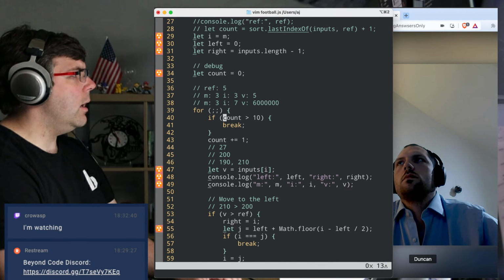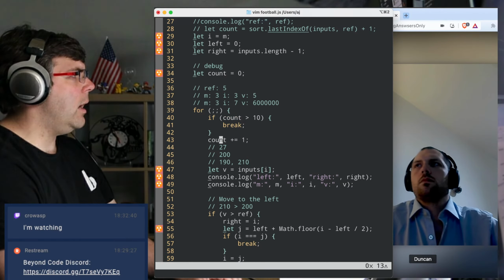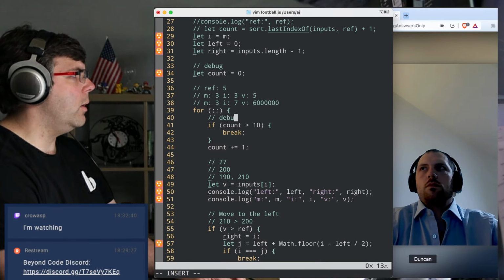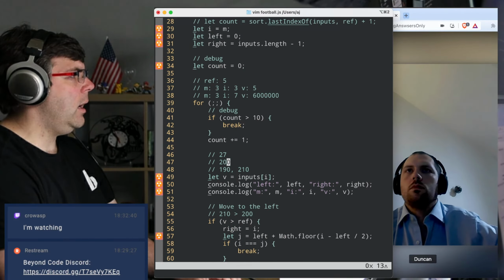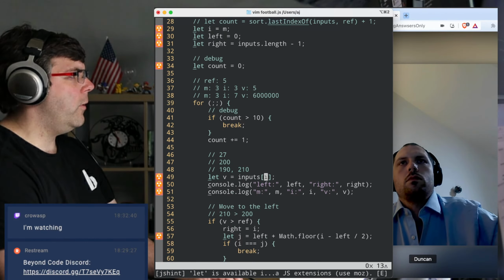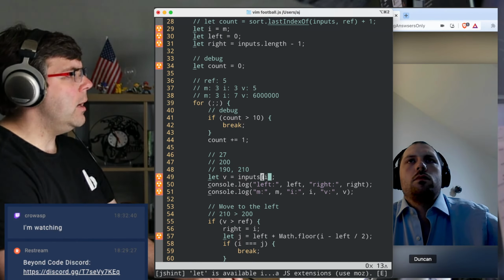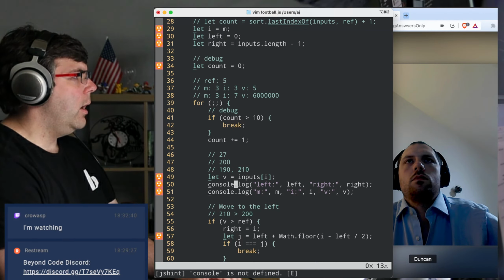Okay, so we get here. For this test case, if the count is greater than 10, then we blew it. So this is just debug code here. All right, now we're going to get the value from I, which may be a little bit to the right.